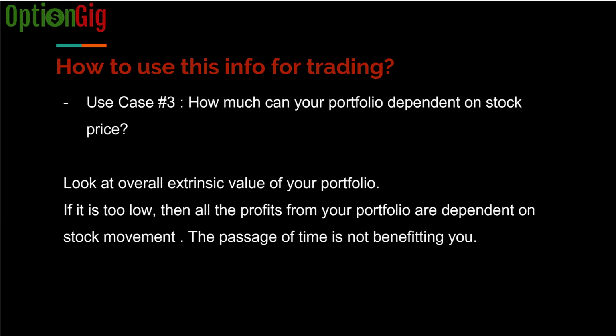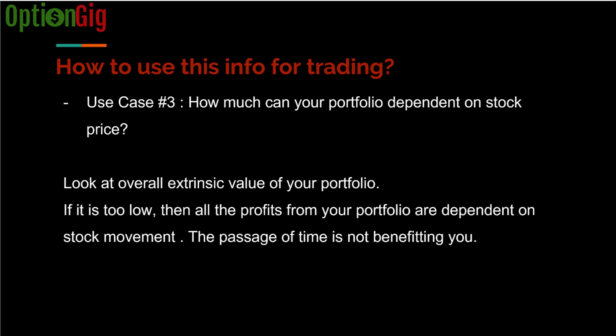Our portfolio is heavily dependent on how the stock is moving, and we don't have any control over that anyway. So keep an eye on your portfolio level extrinsic value, and if you see it is too low, you might want to do trades which will increase the extrinsic value of your portfolio. So this is how you can use this information at a portfolio level.